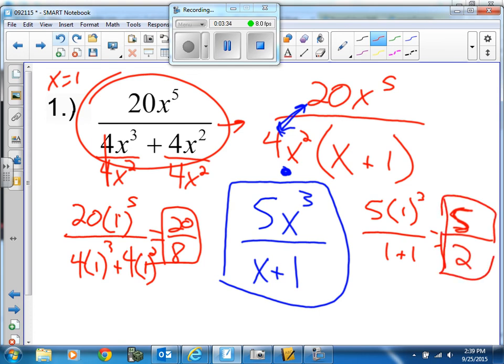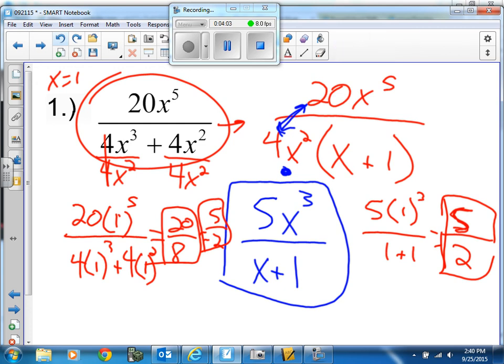Well, if you reduce 20 over 8, what do you get? 4 can go into 20, 4 can go into 8, so that would be 5 over 2. So they are equal. Remember, that's our check. Now, that's not our answer. That's just checking to see if we did the work right. And since we plug in a number to both the original and our final simplified version, we can say that we are correct in our simplification of this problem.